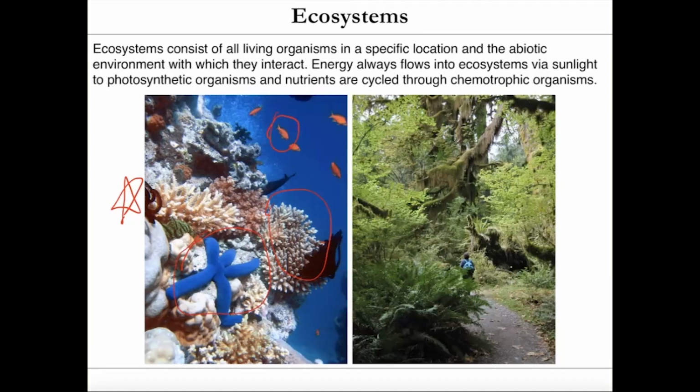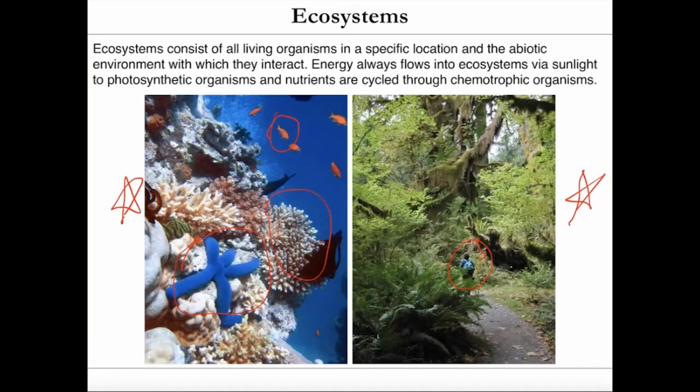Here is, again, a forest, same sort of thing. You have the trees and a person walking around. So the ecosystem would be all the organisms in this forest region and the abiotic environment that they interact with. Energy always flows into the ecosystems by sunlight via photosynthetic organisms.